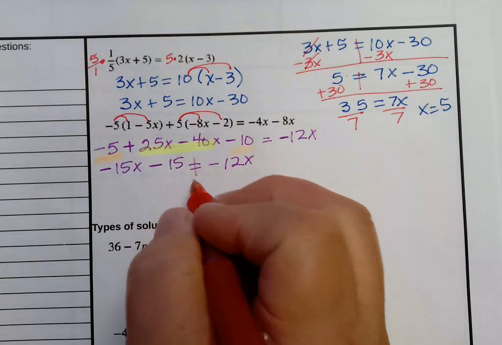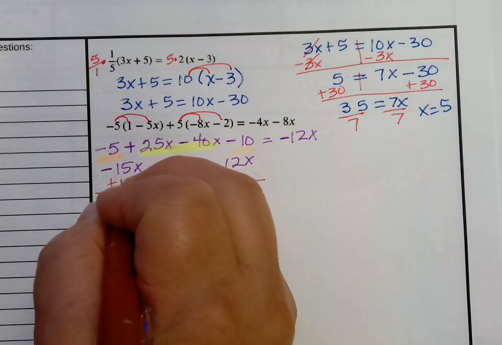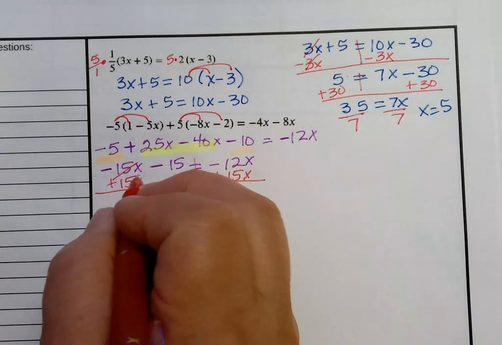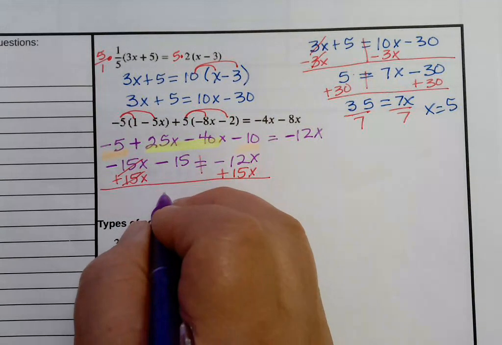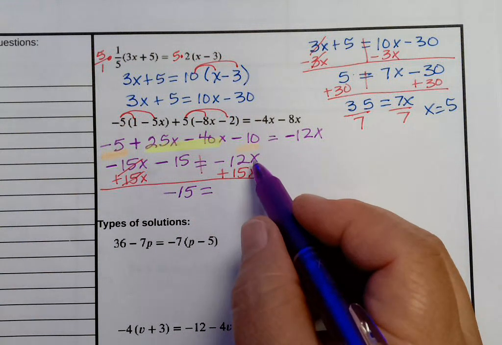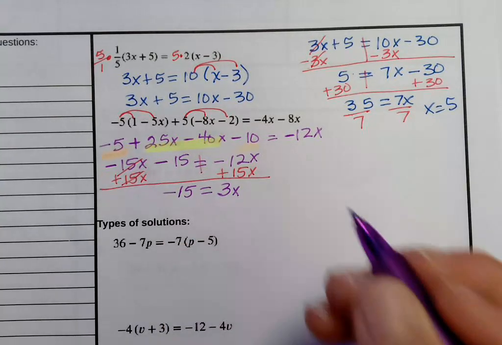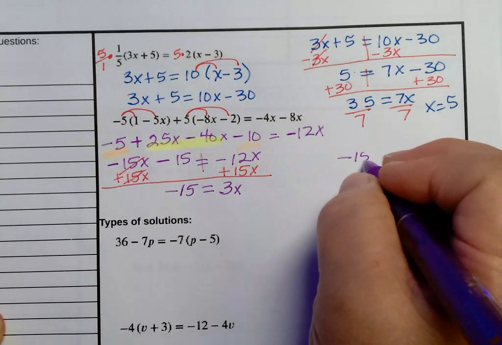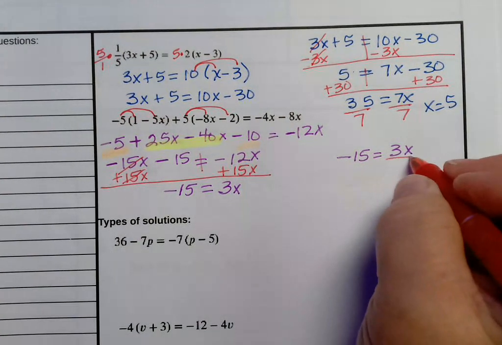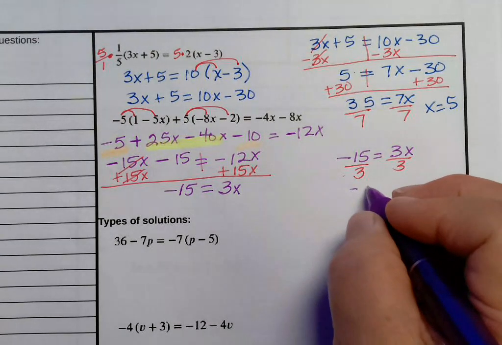So to get rid of my negative coefficient, I'm going to add 15x to both sides. It's zeroed out here. Negative 15 is equal to, okay, they're opposite symbols. 15 minus 12 is 3, so this becomes 3x. Last step. Divide both sides by 3, and negative 5 is equal to x.